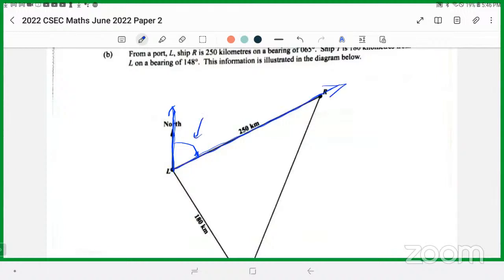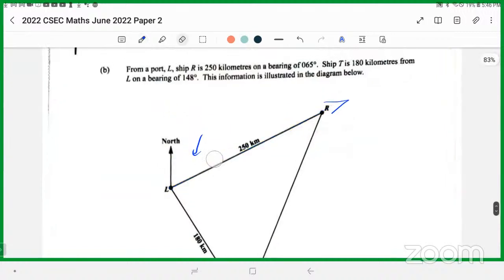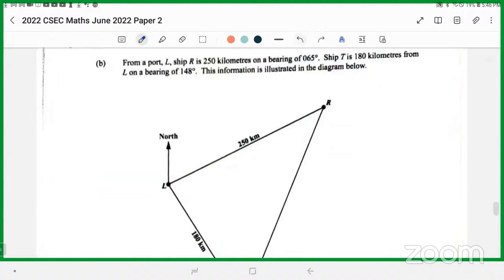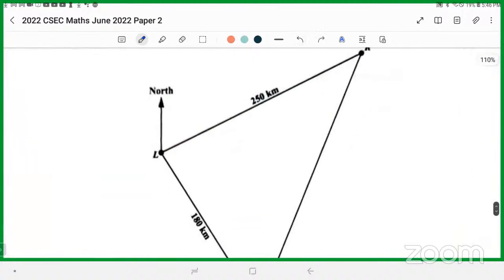So that is the angle that is 065 degrees. So we can just mark it. This angle right here is 065 degrees. Let me write it on there. This is 065 degrees. That is the bearing that they just gave us.